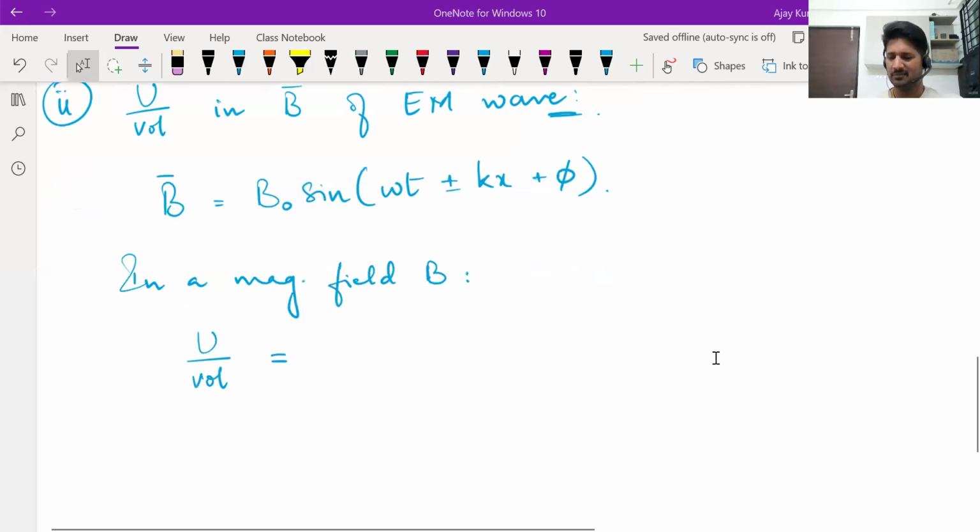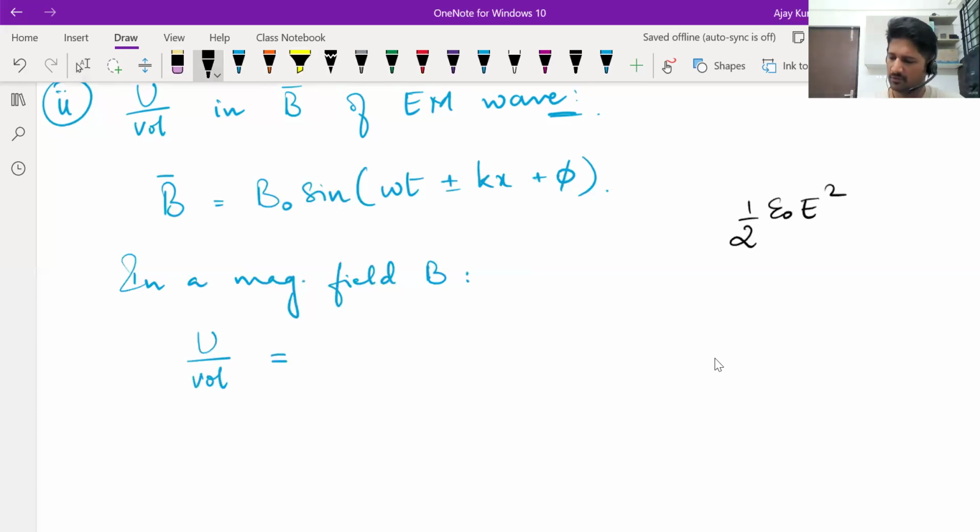Okay, see the formula is similar to what we have for electric field. In electric field, it is half epsilon naught E square, no? For magnetic field, half will be as it is. Wherever you have epsilon naught in electrostatics, when it comes to magnetism, you'll have 1 by mu naught. And instead of electric field, you take magnetic field, that's all. Okay, so it is B square by 2 mu naught.